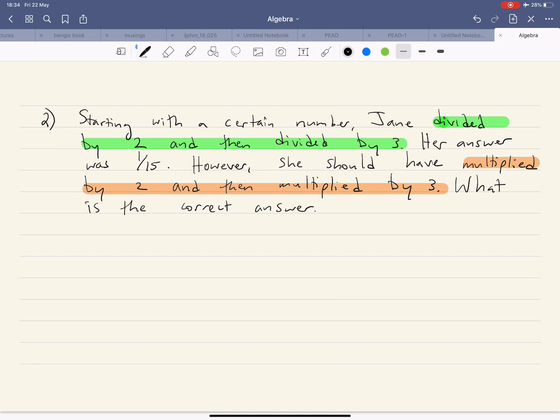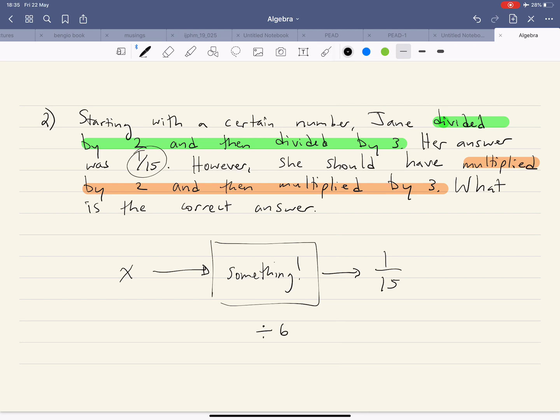All right, so what happened was Jane was given some number and she did something. And then out popped 1 out of 15. And the something that she did was divide by 6, right?